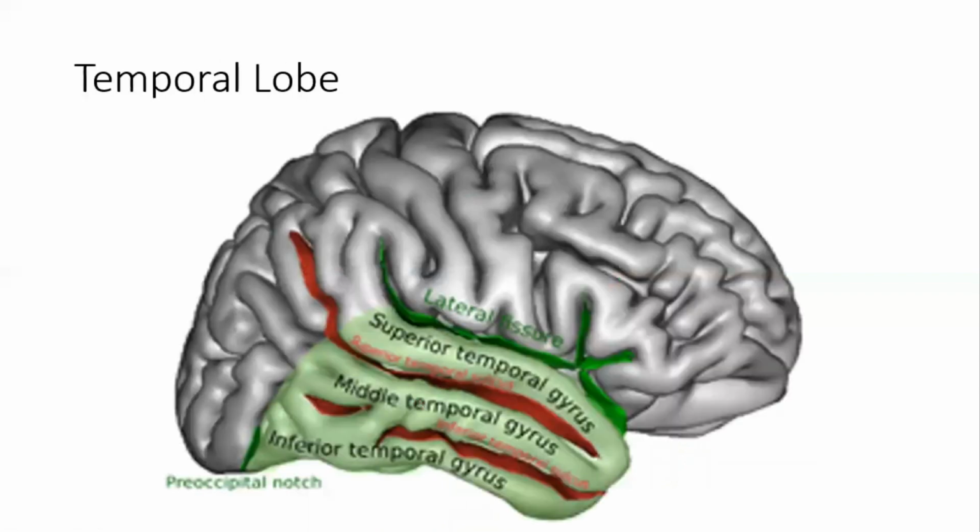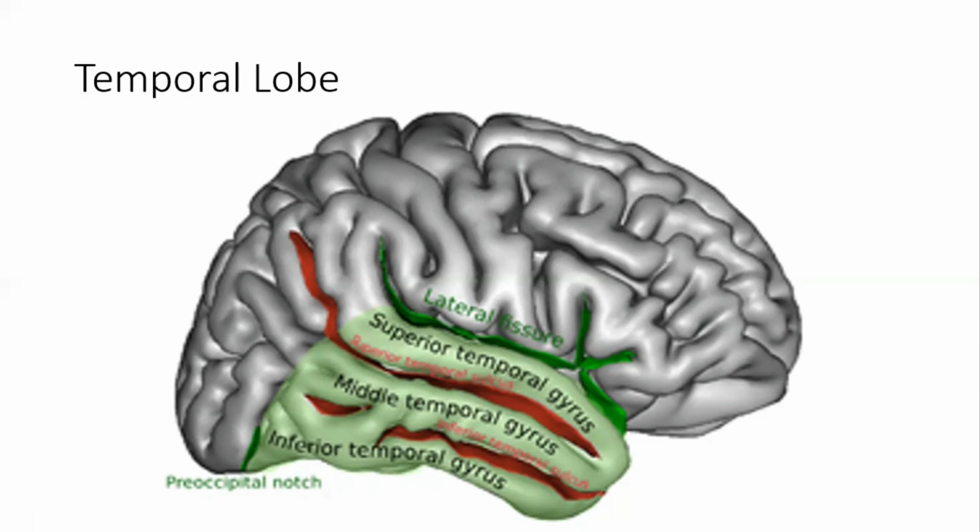And the temporal lobe. In the temporal lobe, the fissure that separates the temporal lobe from the frontal and parietal lobe is the lateral fissure, or the lateral sulcus, this green one over here. Then in this one also, just like the frontal and occipital lobes, we have three gyri: superior temporal, middle temporal, and inferior temporal.